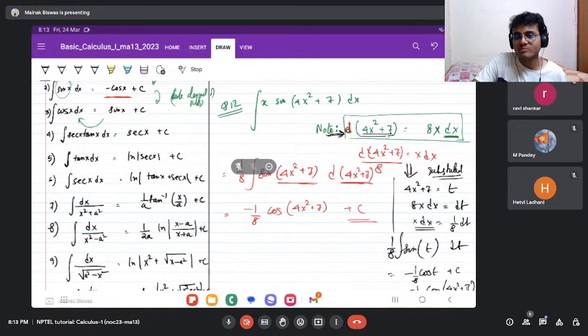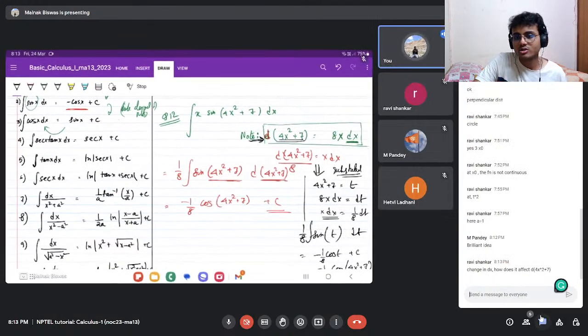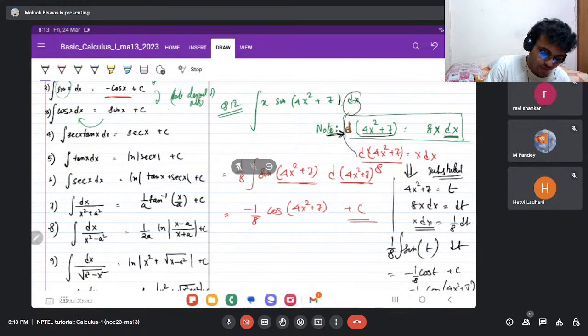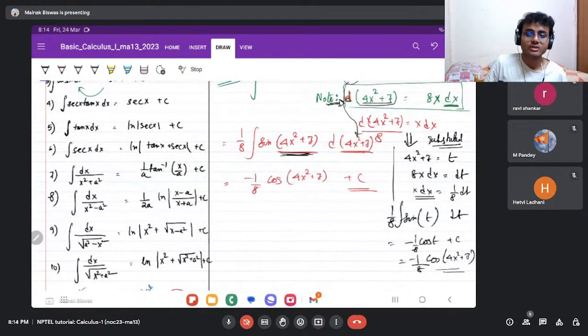So if I take a derivative by chain rule, I will differentiate 4x square plus 7 and then I will differentiate x. That's the idea. Understood? So I'm trying to replace dx by this form so that your function arguments become the same, like in this case.